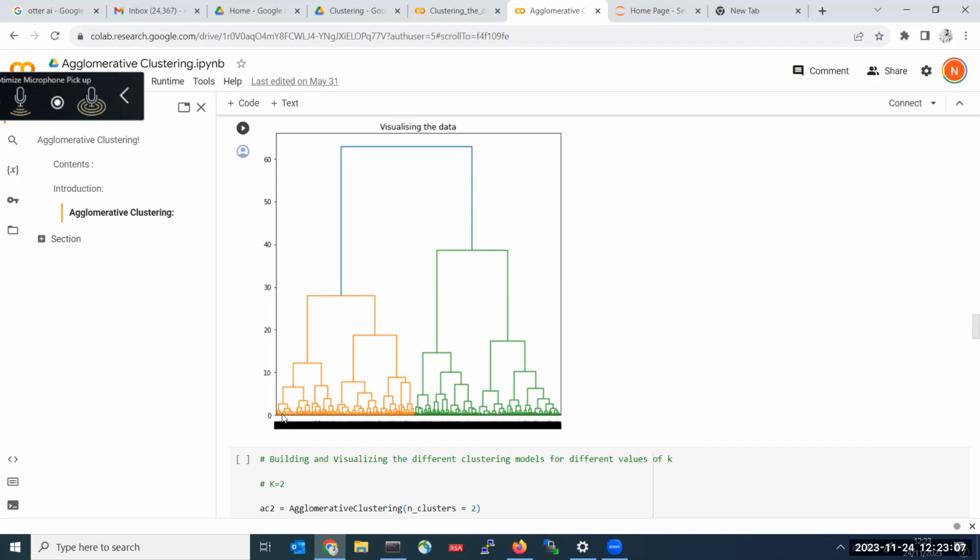If you see the dendrogram here, the bottom line is completely my data set. Next clusterings, see clearly here. Each and everything will represent the cluster graph here. Again, it will be divided into other clusters.